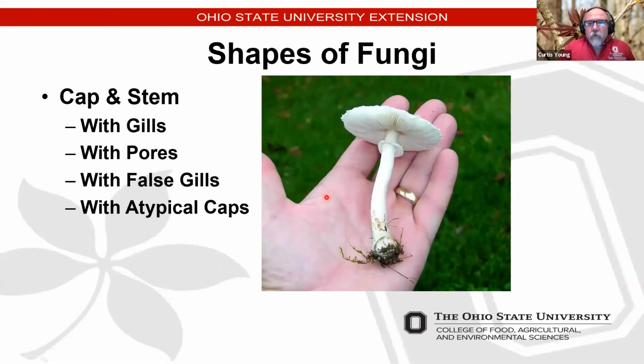Now, starting into looking at some of the diversity of the fungi, what kind of diversity there is. And the first thing that we see is the different shapes that fungi come in. Of course, the first thing that we'll look at is this standard mushroom. And you see here, this is one called the smooth parasol mushroom.